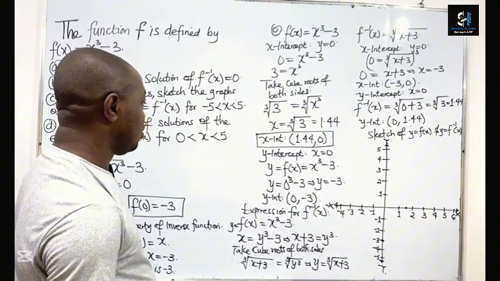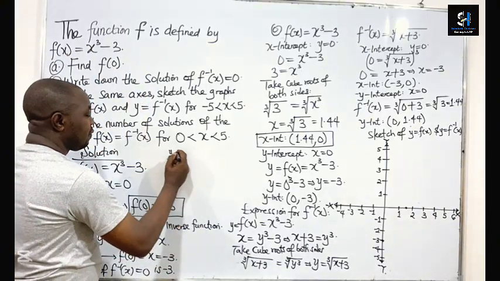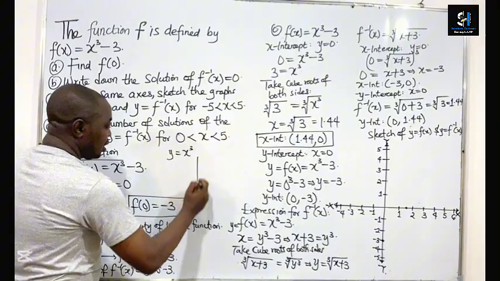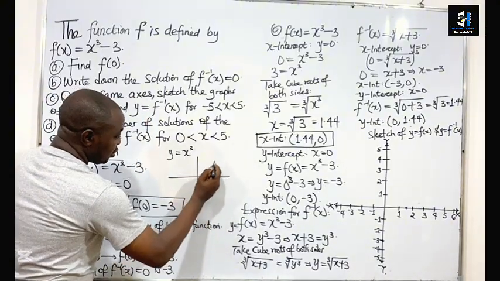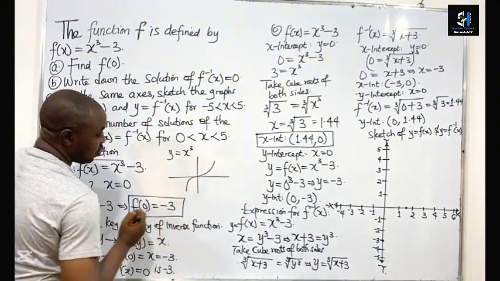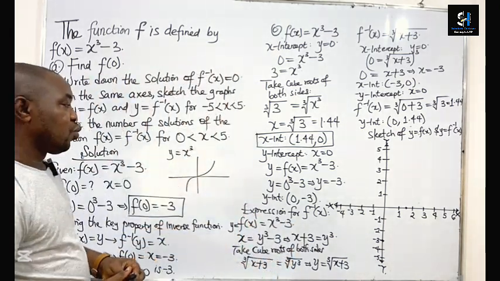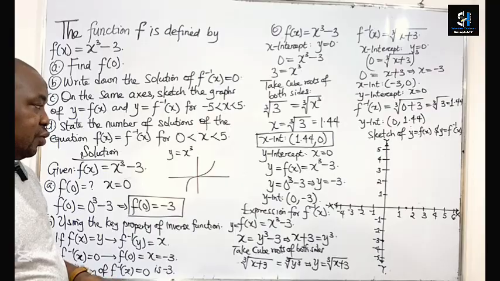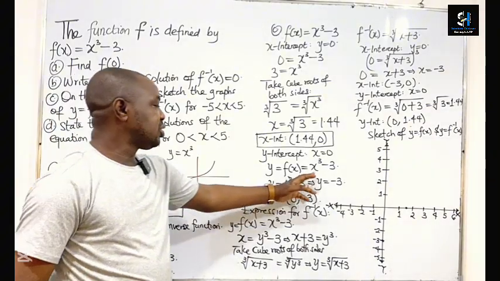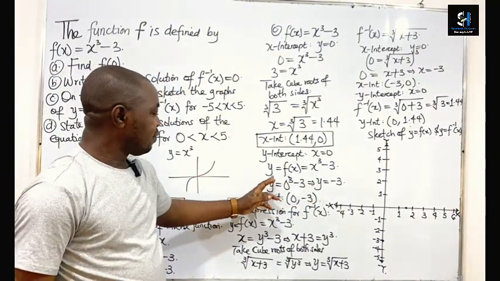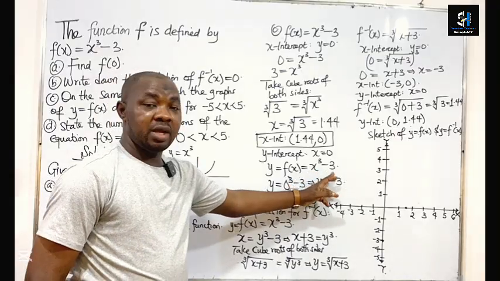Now, we know the graph of a cubic function looks like this. In this case, we have a parent function shifted, where y equals x cubed minus 3.